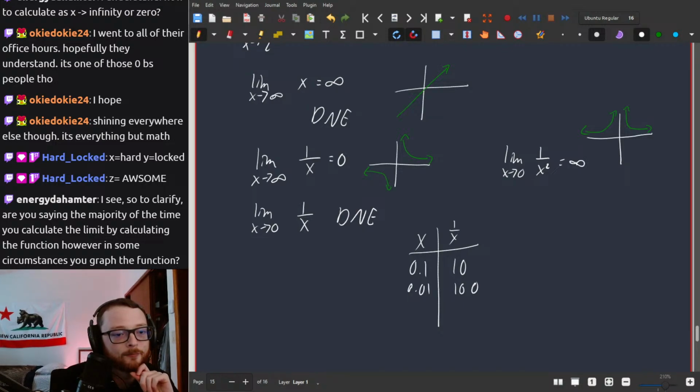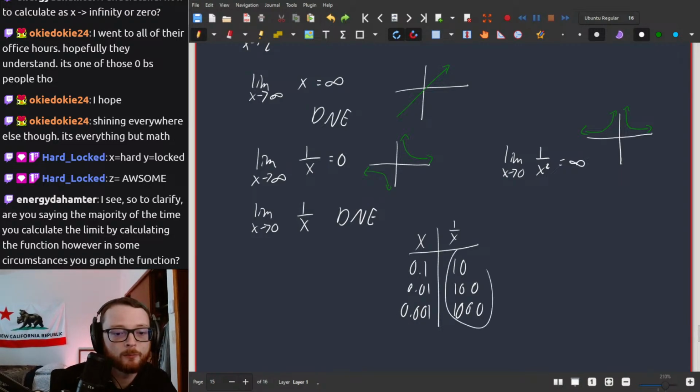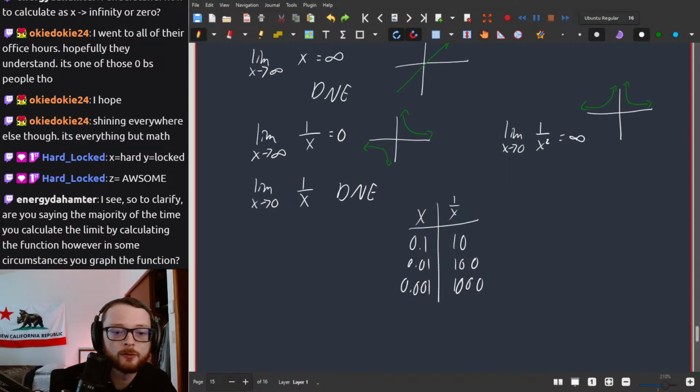A really helpful thing is that you don't necessarily need to do actual calculations, but think about how the function would behave as you plug in smaller and smaller numbers, or numbers closer and closer to your limit. If we plug in positive numbers that are getting smaller, we get bigger numbers that are arbitrarily large. If we did the same with negative numbers, the same thing would happen, but with negatives.